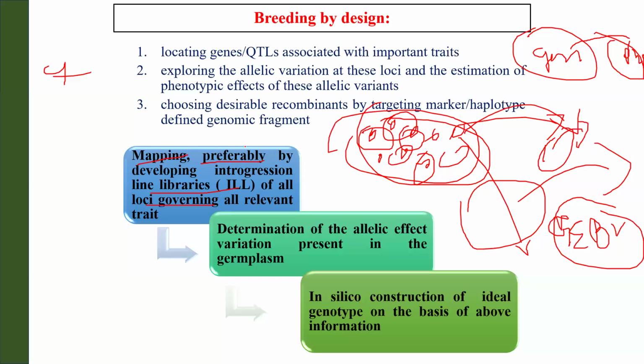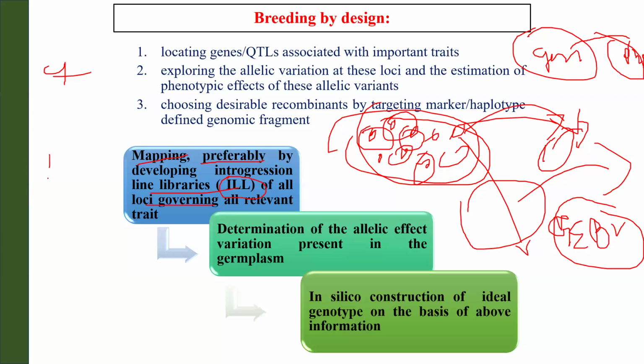But here the difference is that we are dealing with the entire plant type, from germination to yield. We are designing everything to be in perfect order. You should have this much height only. You should have this much panicle length. Everything we are deciding. Then all the allelic variation we are tapping, and the best allelic combination you design in silico. Then you go for development, because we already have libraries. We are creating libraries for each trait and all its alleles.